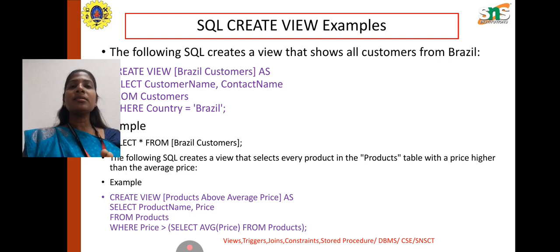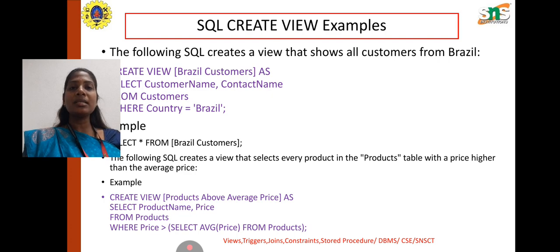The following SQL creates a view that selects every product in the products table with a price higher than the average price. So here one more condition is applied based on the price category. The next example: create view products above average price as select product name comma price from products.